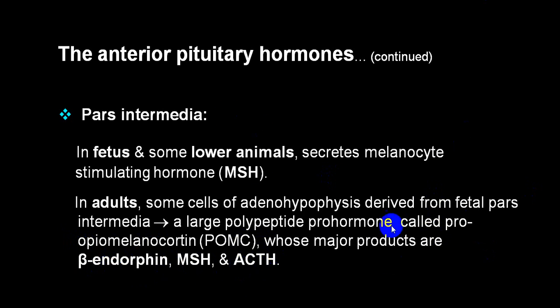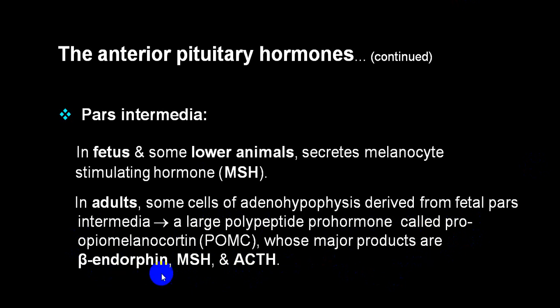So in adults, sometimes the adenohypophysis may contain some cells with a large polypeptide prohormone called pro-opiomelanocortin, which will be a major product and will give rise to beta endorphin, melanocyte stimulating hormone, and adrenocorticotropic hormone.